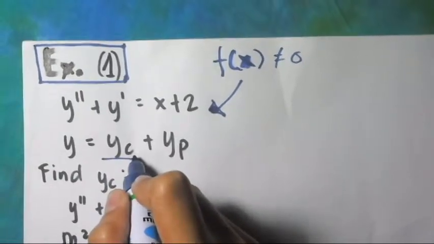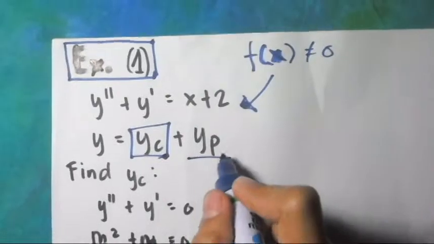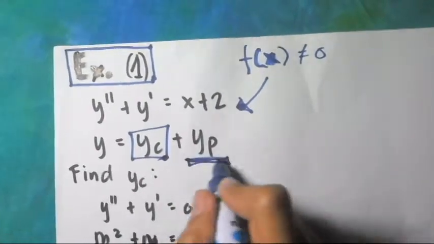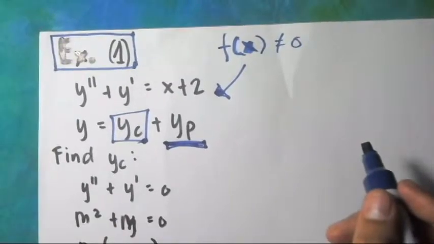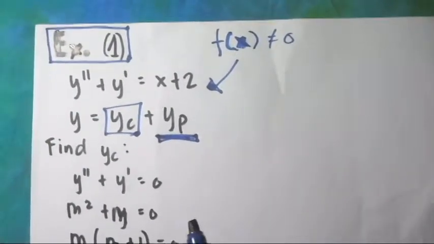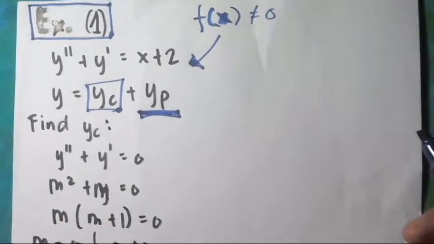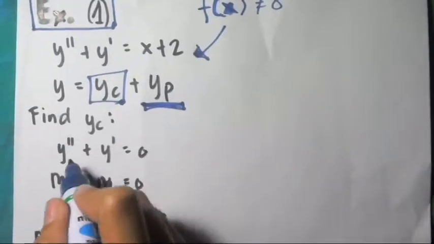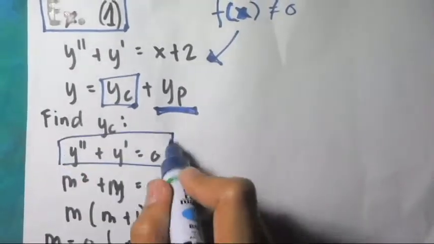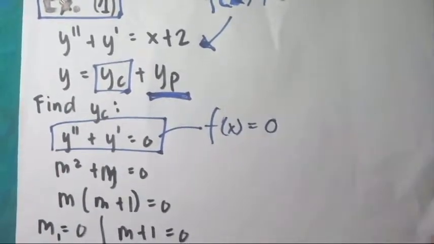solution, and after finding the complementary solution, we will get the particular solution of this equation. Now, let's go to the complementary equation. In solving the complementary equation, we equate the function of x to 0.